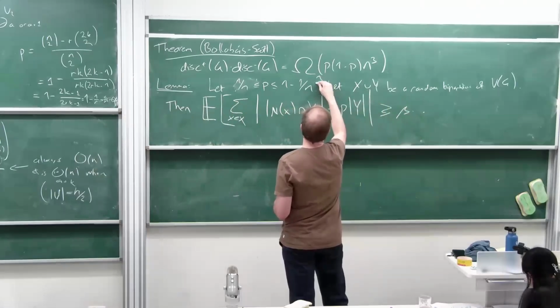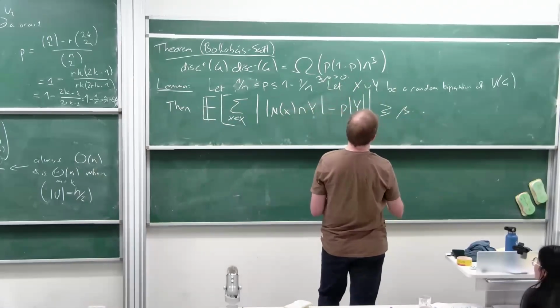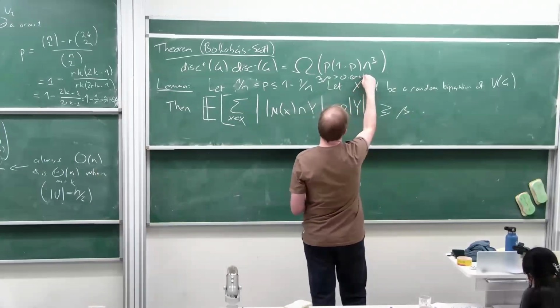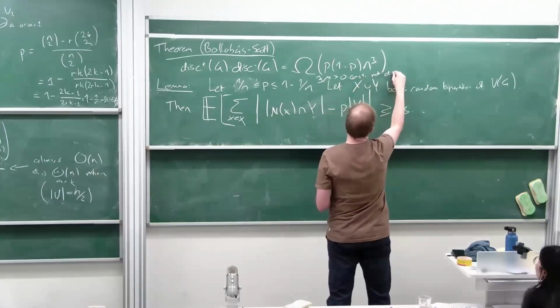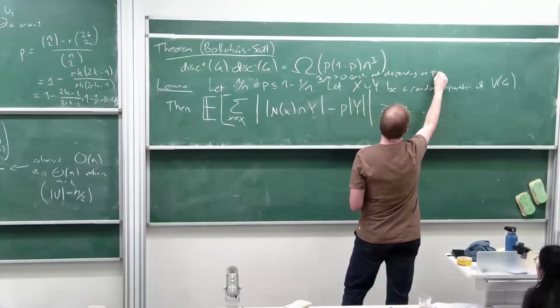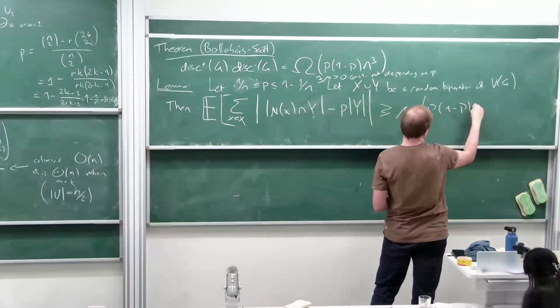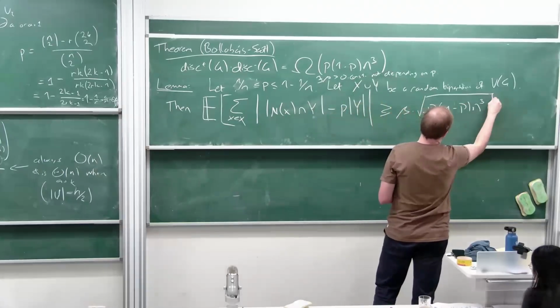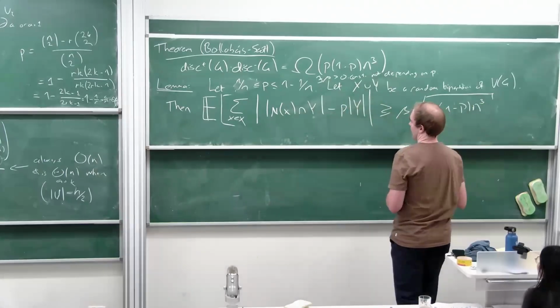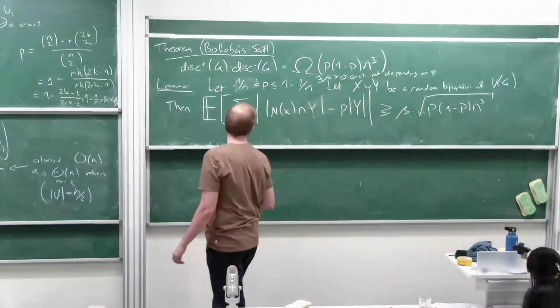So this beta is going to be some constant not depending on p. And what we get here is the square root of this expression.